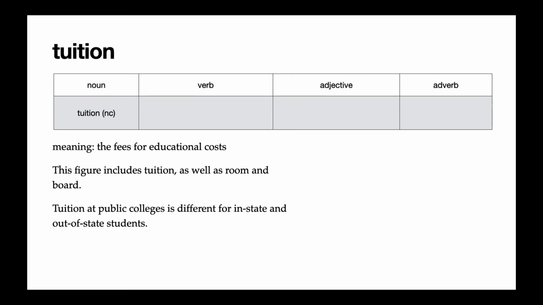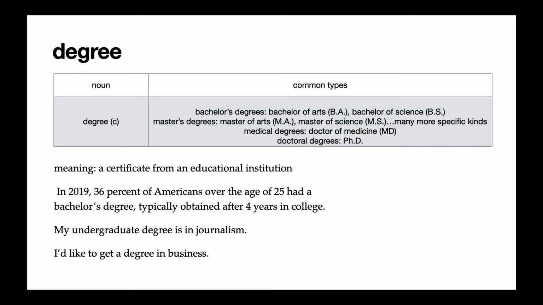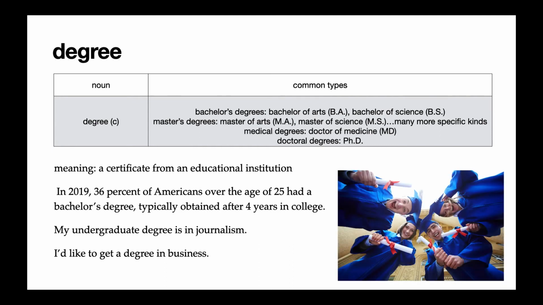And in our second example, tuition at public colleges is different for in-state and out-of-state students. That means the price that students pay is different if you live in the state or if you live outside of the state. Our next vocabulary word is degree. A degree is a certificate or a document from an educational institution.